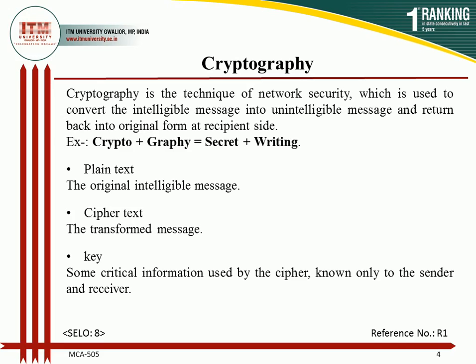First we are talking about cryptography. We have already discussed some basic introduction of cryptography. Cryptography is a technique used to convert your plain text message to a ciphertext. What does this mean? A plain text message is called an intelligible message, because everyone can easily read it. It is a common or normal message that a human can read easily, and we convert that message to an unintelligible message, also called a ciphertext message.